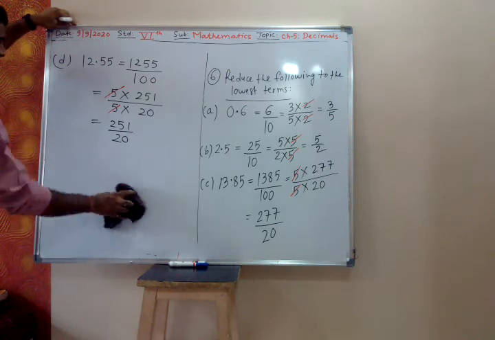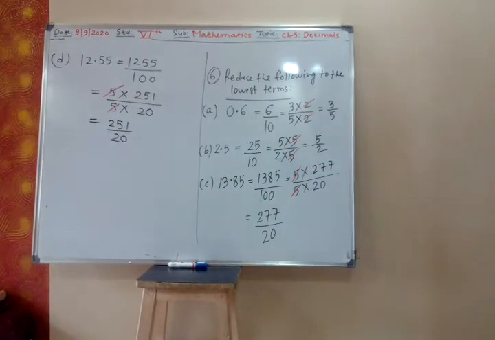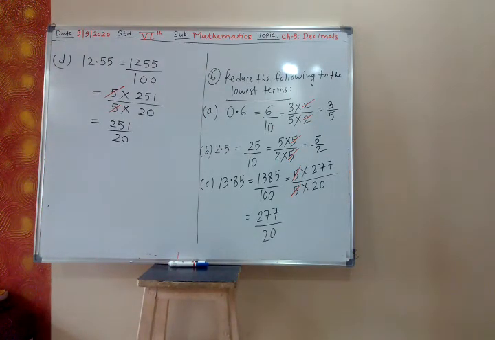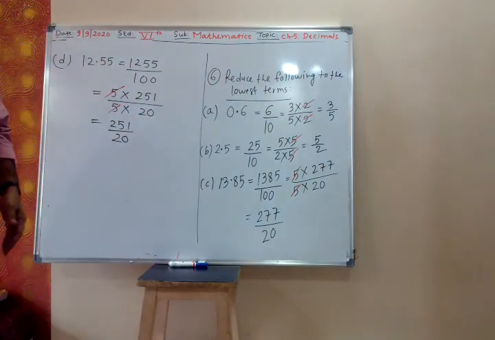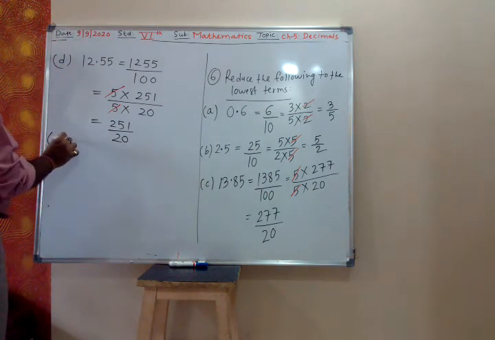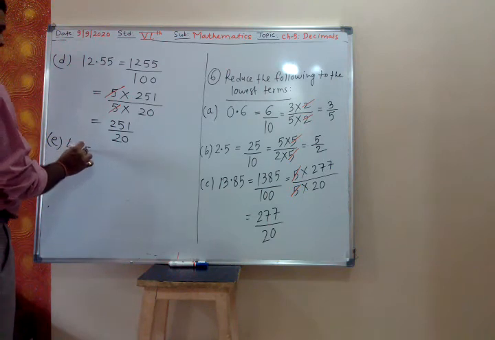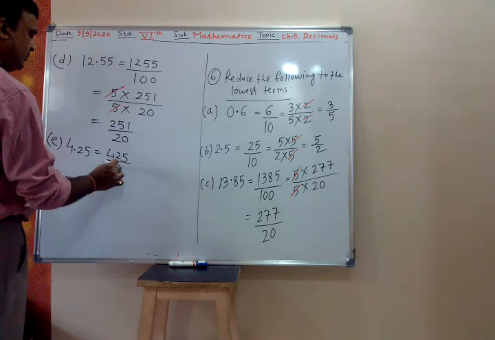Now 4.25. Do it. Clear, right? Yes, go on checking the answer. Then 4.25, I will write 425 upon 100.